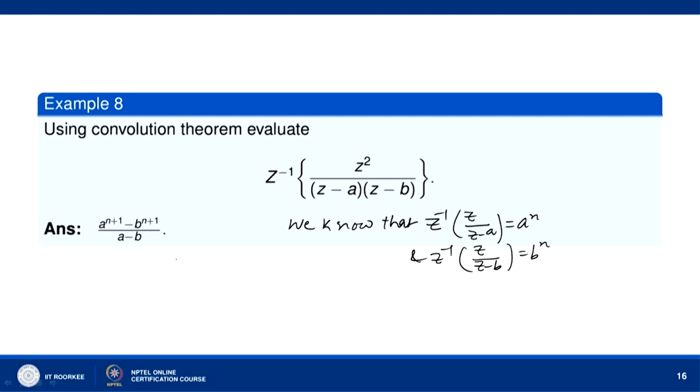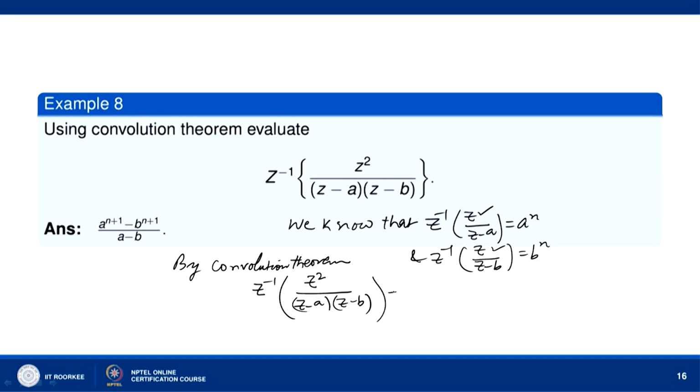So, then by convolution theorem, consider Z inverse of Z square over Z minus A, Z minus B, the product of this and this. Let this be U(z), this be V(z). So, Z inverse of U(z) V(z) is equal to the convolution of u(n) and v(n). So, A to the power n convolution with B to the power n.